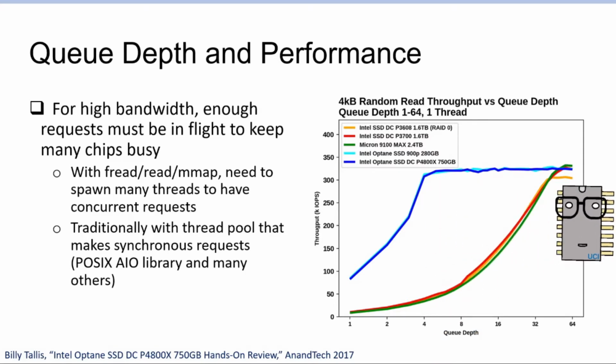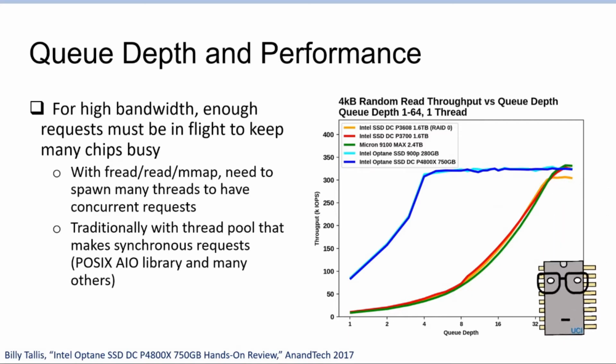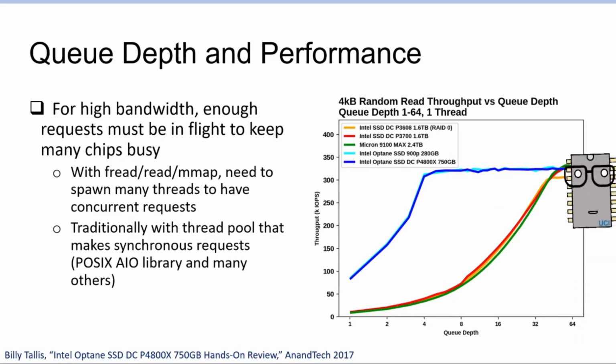But if you're using off-the-shelf NAND flash SSDs like the PCIe SSDs or SATA SSDs, then your queue depth needs to be 32, 64, or even higher to actually reach the peak performance that these devices can get you.